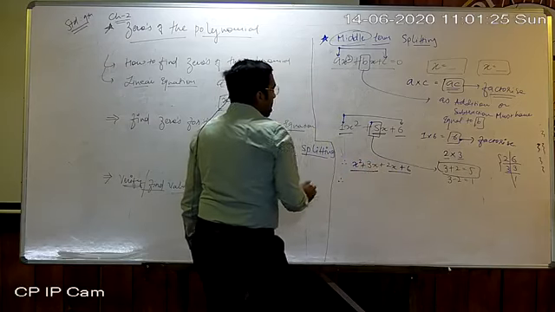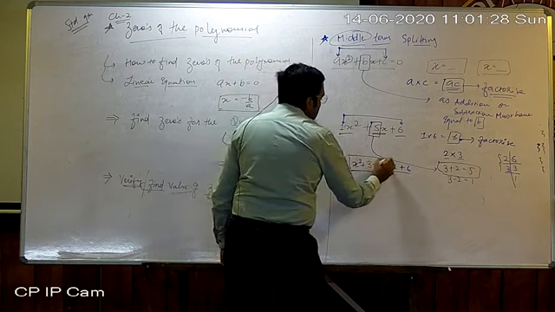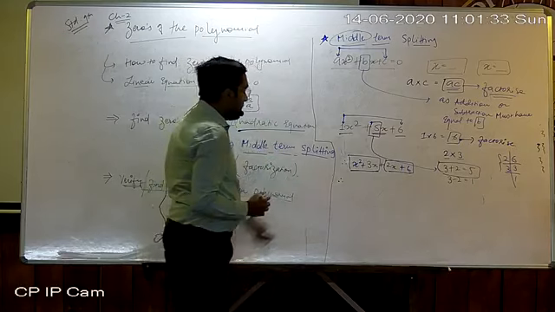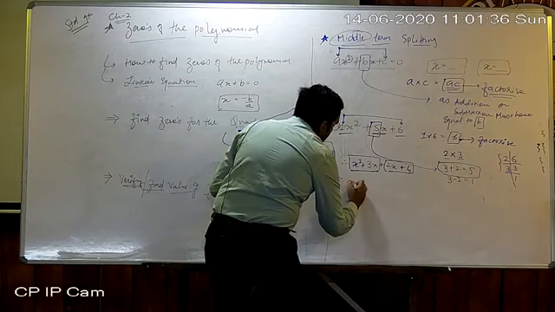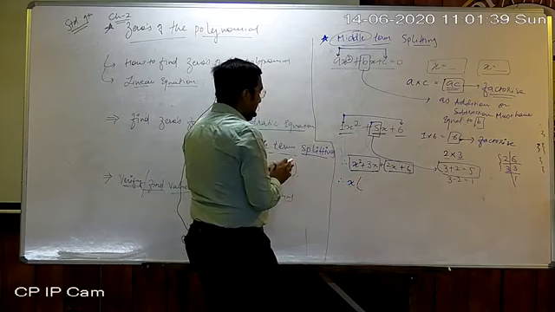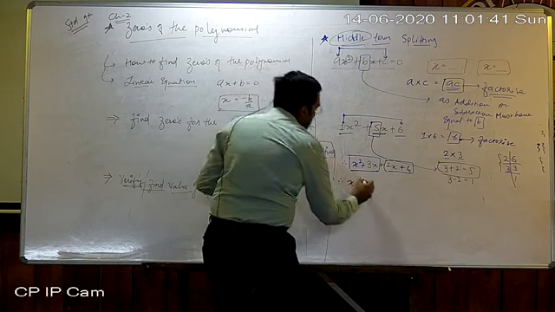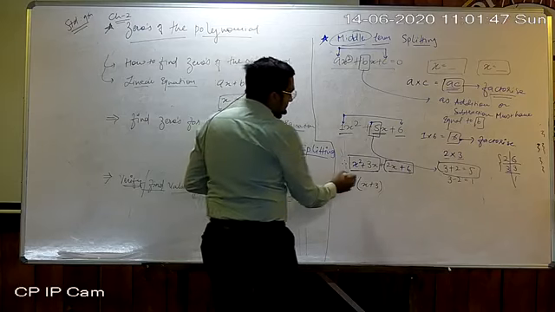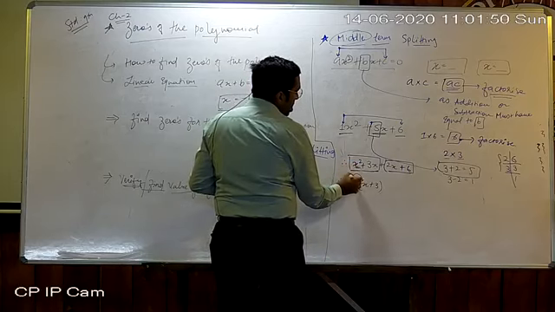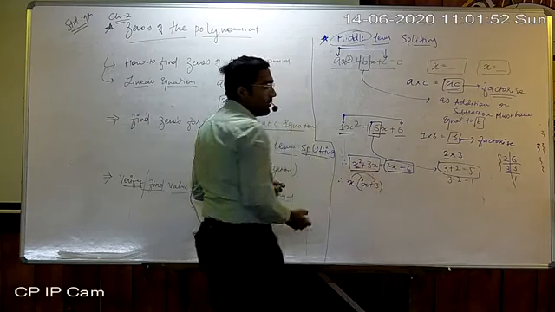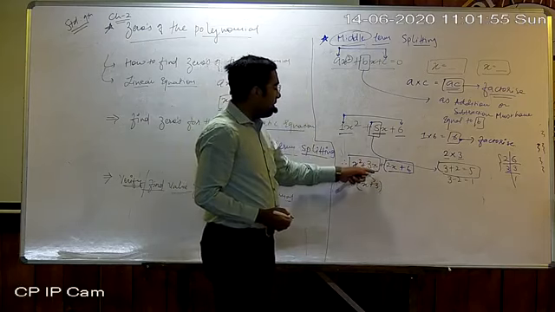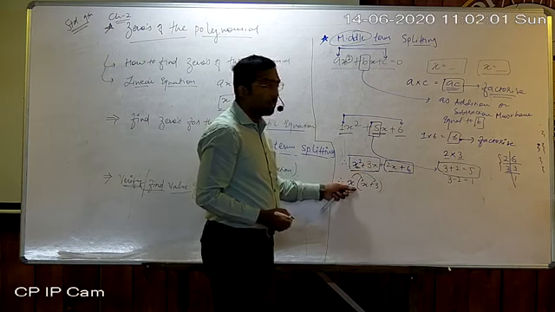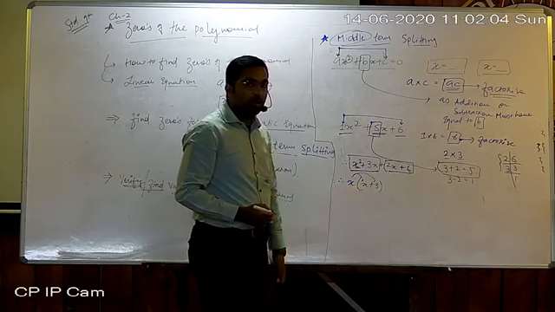Now take common from the first two and the last two terms. From the first two terms, we are taking x common, and the remaining terms are x plus 3. Okay, x into x is x square, x into 3 is 3x. Clear? So in the factorization, we are getting x as common, and in the bracket the remaining terms are x plus 3.